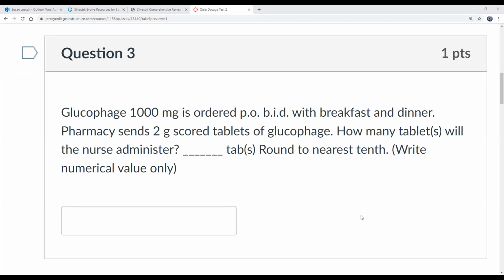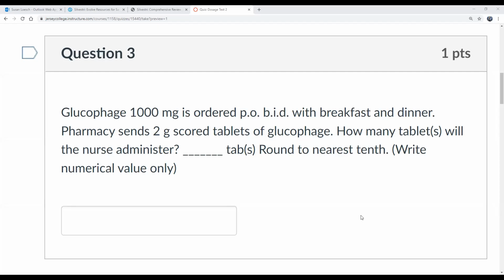You can't give something the pharmacy doesn't send. So it would be in a gram, but if it's a 2 gram tablet and it's scored, what's it going to be when you break it in half? A half, 1 gram. So the answer is 0.5, or 1,000 milligrams.